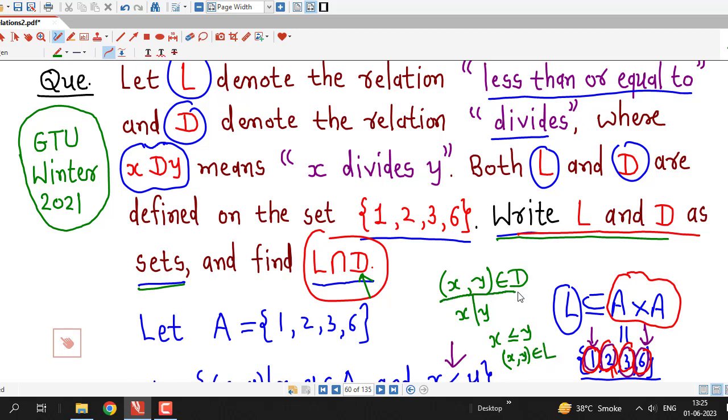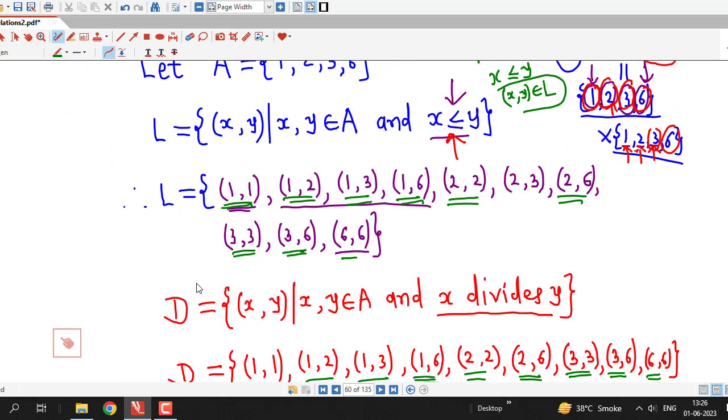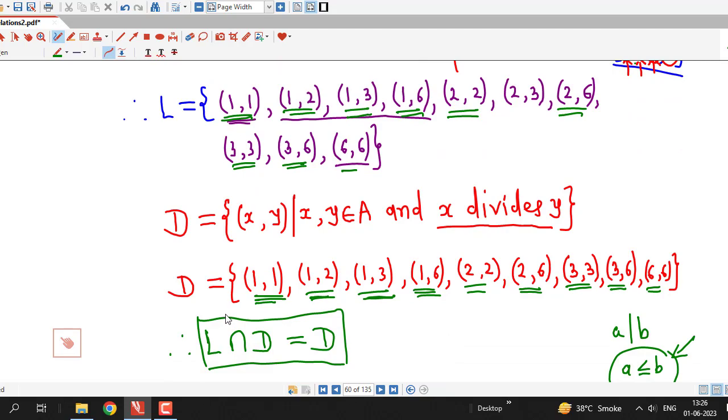So every member of relation D is also a member of relation L, and therefore D is a subset of L, and therefore D intersection L is equal to D. But in this question they have asked to write down capital L and D as sets. Therefore we have written L and D as sets, and then we have written their intersection.